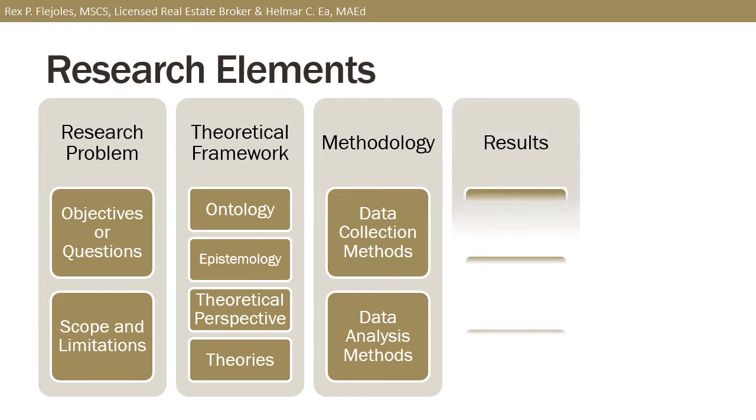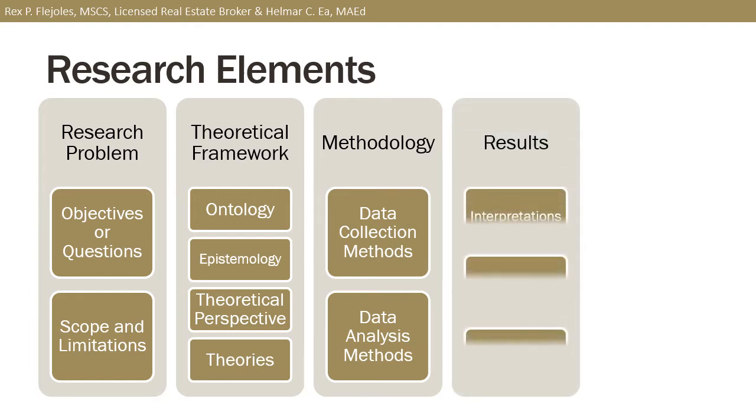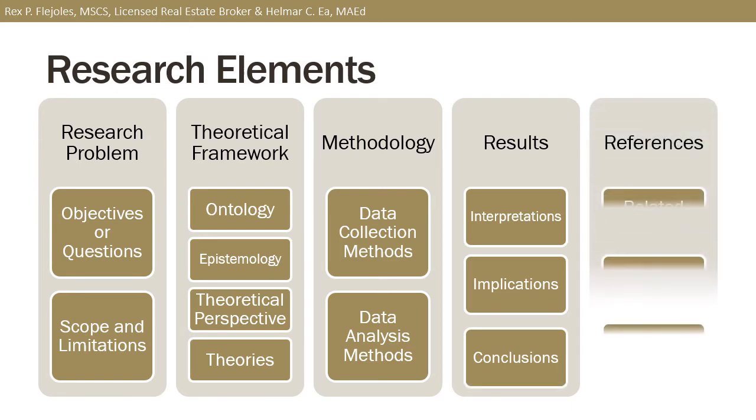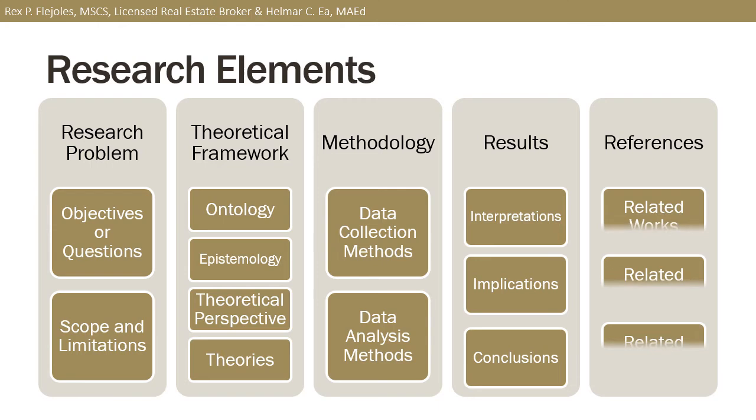For the fourth element, I refer to it as results, but this is composed of the interpretations, implications, and conclusions. The fifth one is references. References include the literature being reviewed, literature as related works, related concepts, and related studies.